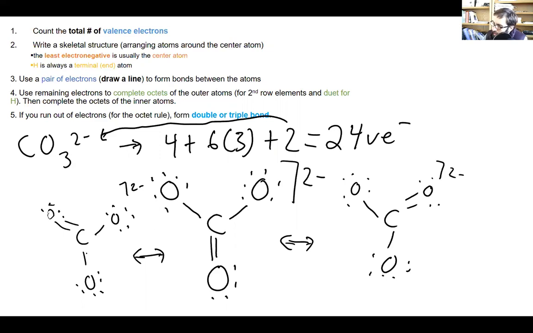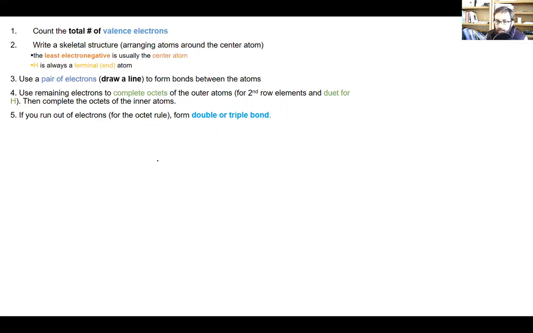So you can think, here's a single bond, here's a single bond, here there's a double bond, but really that double bond is everywhere. All of these are in between a double and a single bond in reality. That's called resonance structures. We'll get into that more later. But anyway, any one of these for now would be fine for you to write.